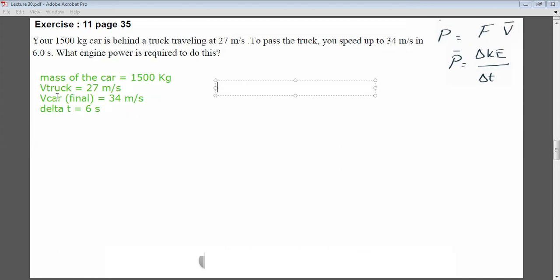So here, as you see, there is V initial and V final. So I use which formula? There is no F here, so I cannot use F times V, but I have delta kinetic energy because I have V final and V initial.